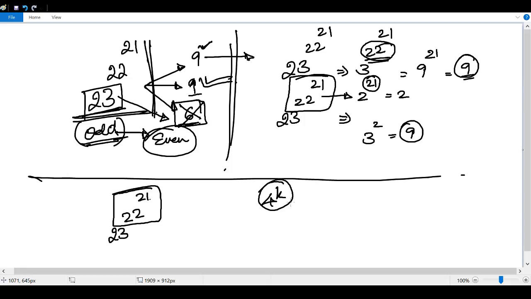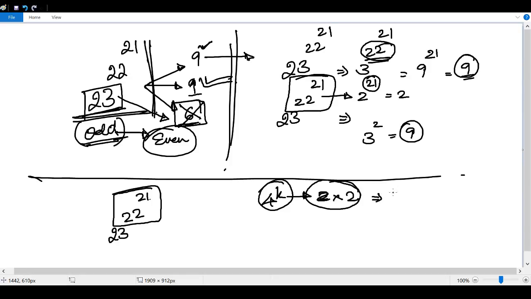Listen carefully. What makes a number a multiple of 4? A number becomes a multiple of 4 when you multiply 2 twice. When you multiply 2 times, the number becomes a multiple of 4.